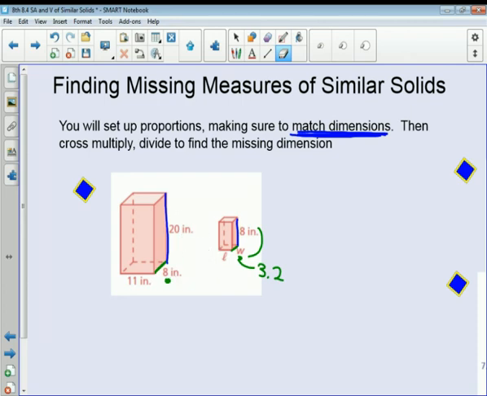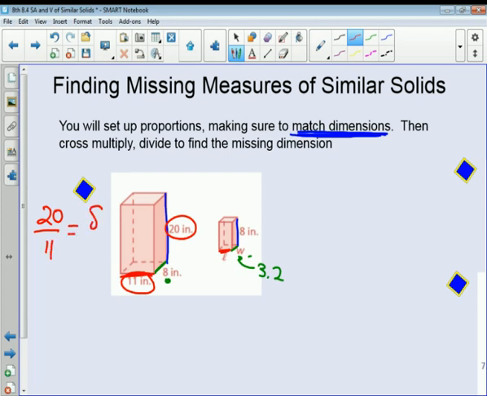Okay, so now I'm still going to use, let's do red. We'll do our length as red. So this time I'm going to do 20 and 11. So 20 over 11 is equal to 8 is the same as 20 on my smaller figure over L. So 8 times 11 is 88 divided by 20 gives me 4.4.